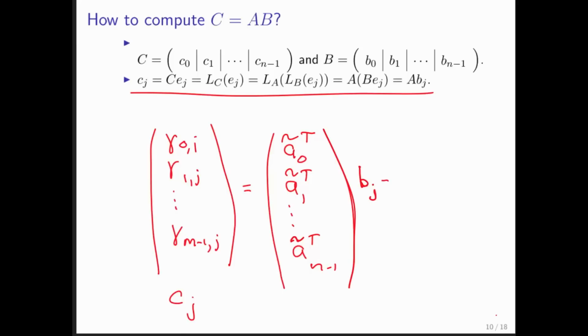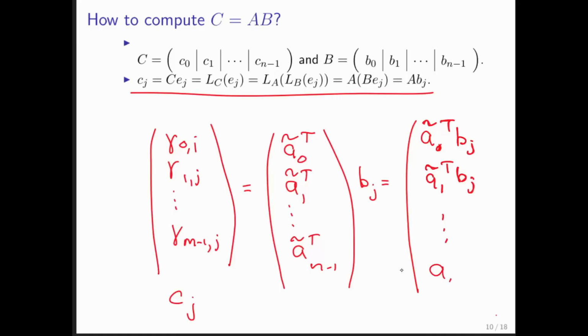But when we did partitioned matrix-vector multiplication, we saw that this is a very special case, and in particular you simply end up doing a0 tilde transpose times b sub j, a1 tilde transpose times b sub j, all the way through a sub m minus 1 tilde transpose times b sub j.